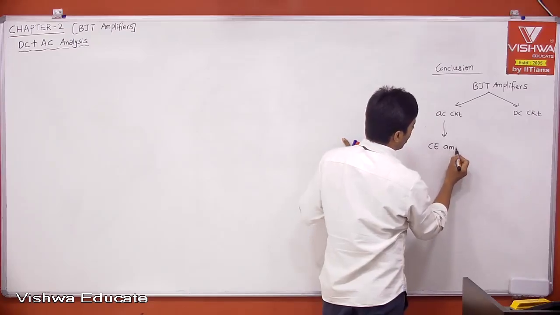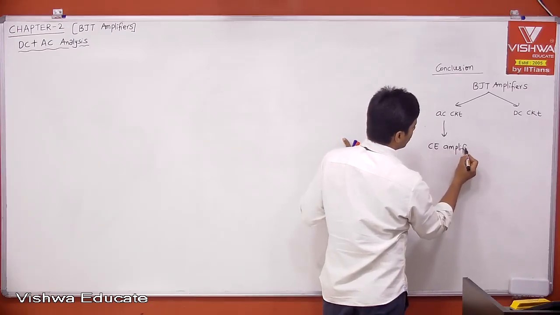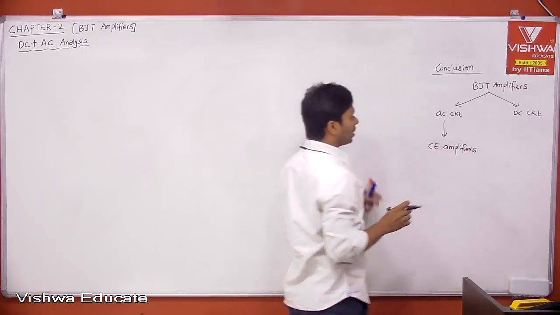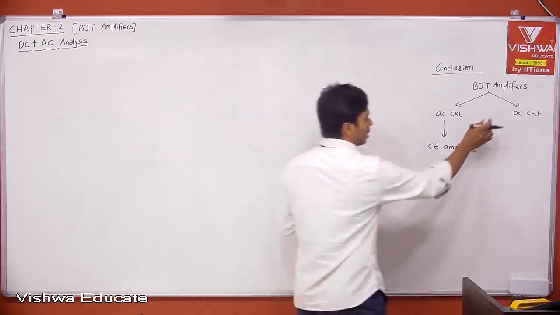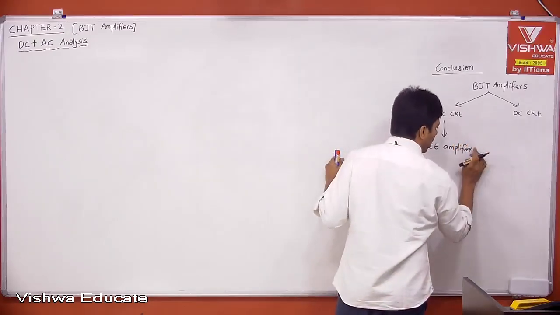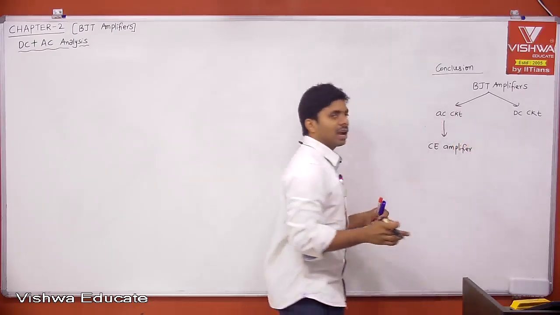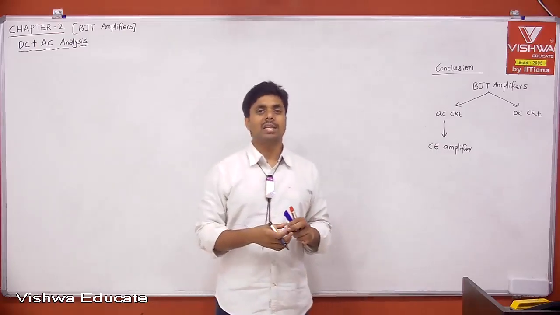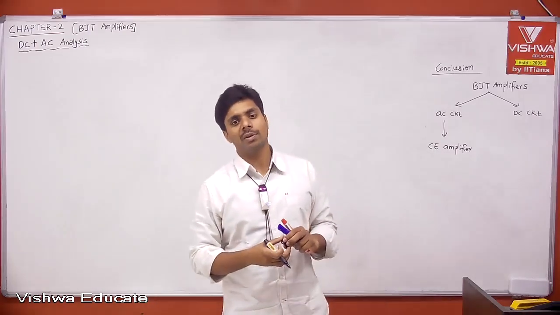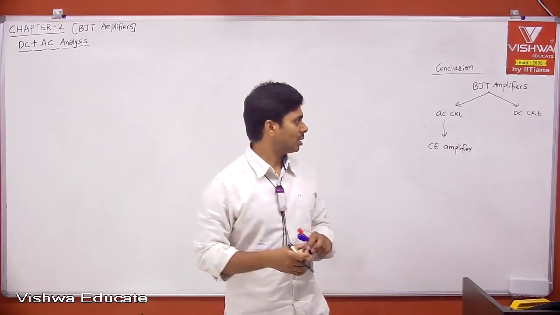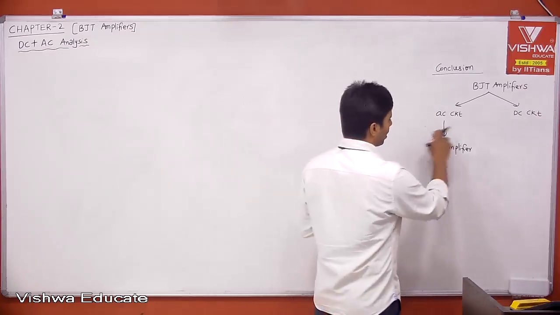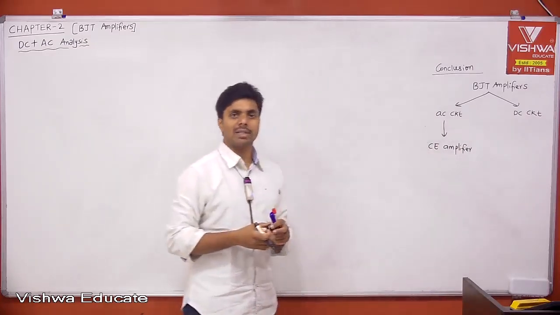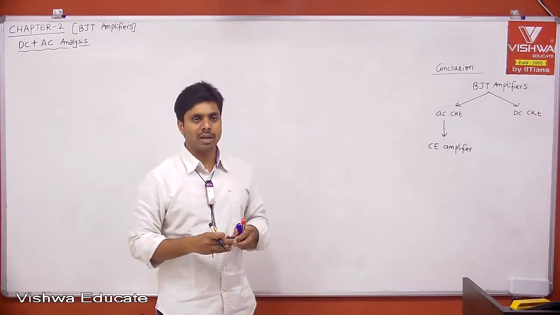Out of so many configurations, we are choosing common emitter amplifier because that is what gives you more power gain. CC amplifier is acting as a buffer amplifier for voltage amplification. CB amplifier is acting as a buffer amplifier for current amplification. But CE amplifier gives voltage gain as well as current gain, therefore power gain.